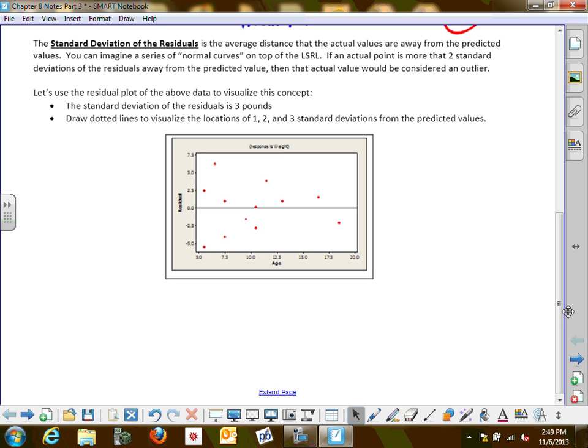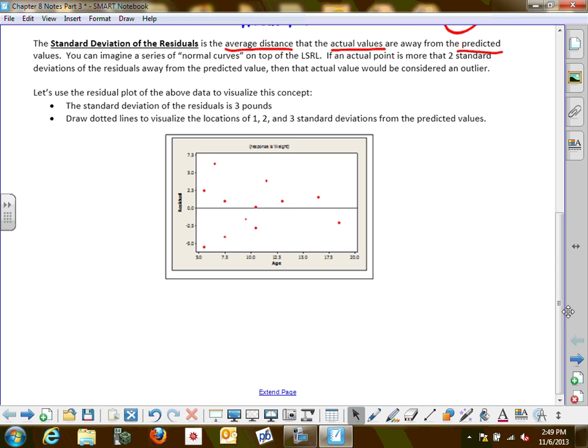What is the definition of standard deviation? Close. Yeah, the deviation from the mean. It's the average deviation, the distance from the mean. So that's what's happening with the residual standard deviation. It is going to be an average distance that the actual values are away from the predicted values.